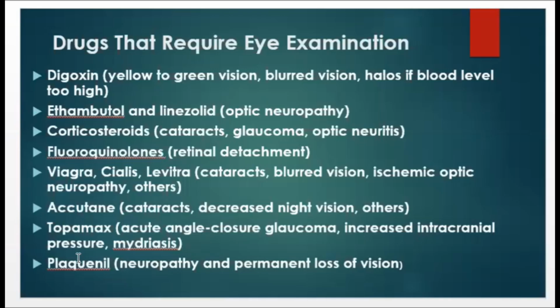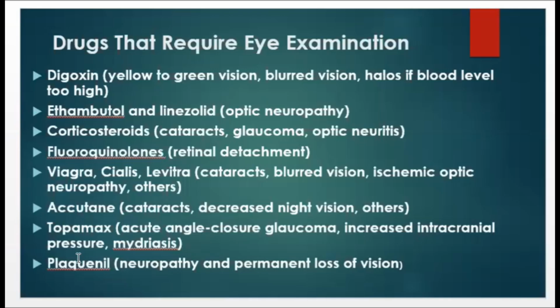So all these medications I listed here, you can see any of them. Drugs that require eye examination: digoxin, ethambutol, corticosteroid, fluoroquinolones, Viagra. Viagra is the one we use for erectile dysfunction, okay? Accutane, we already know about Accutane, the one we use for severe acne, acne vulgaris, okay?